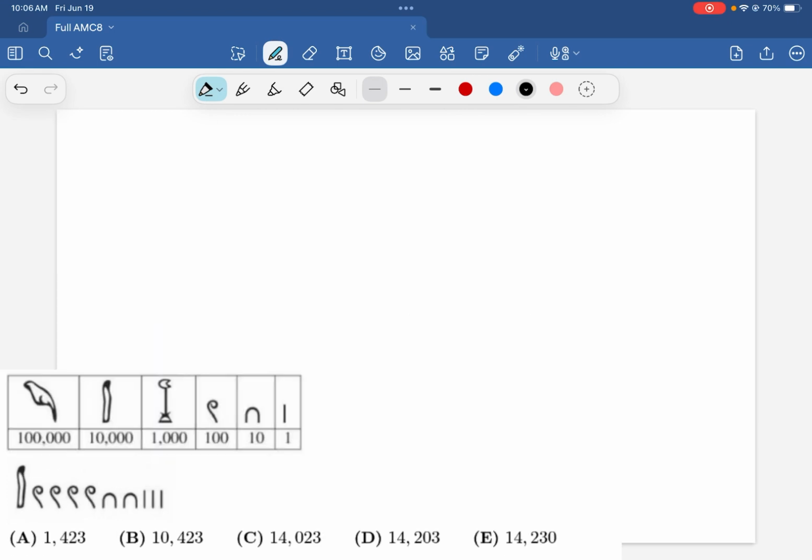Well, we have a 10,000. 4 of these symbols is 4 times 100. 2 of these symbols is 2 times 10. 3 of these symbols is 3 times 1. So if you add these up, you get 10,423. There's nothing in the thousands. 4, 2, 3. So the answer is B.